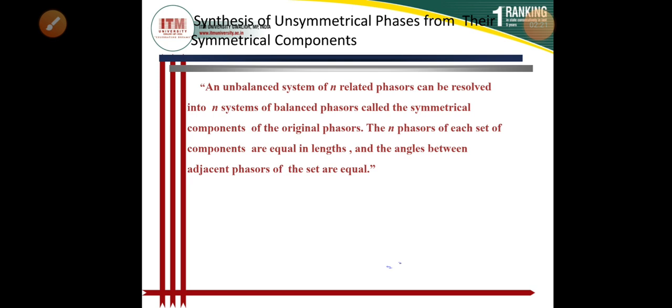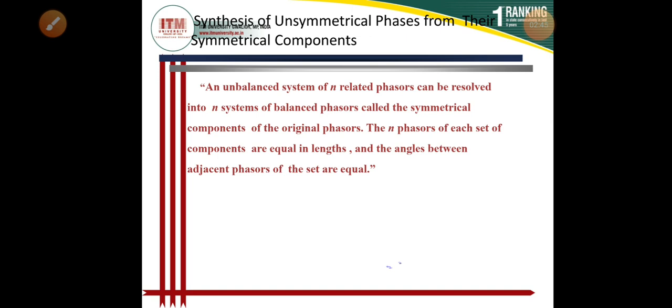According to C. L. Fortescue, an unbalanced system of n related phasors can be resolved into n systems of balanced phasors, which are called the symmetrical components of the original phasors.